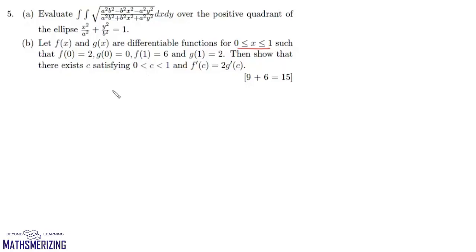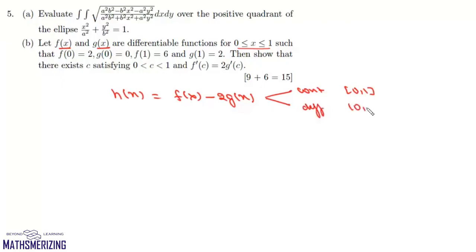Now what we'll do is we'll take a function h(x) which is f(x) minus 2g(x). Now the question says both f(x) and g(x) are differentiable functions. That means f(x) and g(x) are continuous in [0, 1] and they are differentiable on the open interval (0, 1).